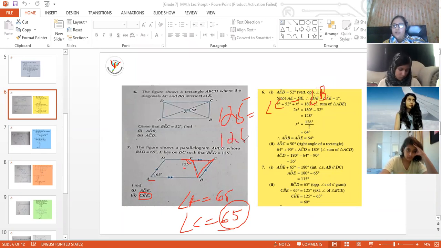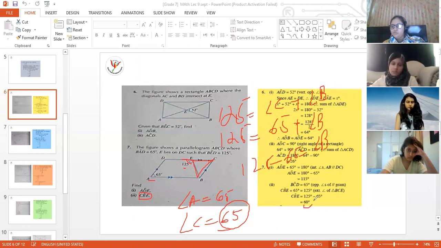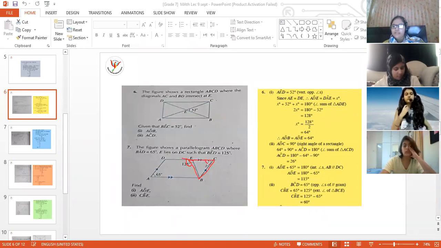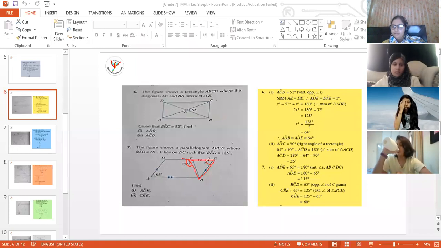Then 125 is equal to, what is angle C? 65 degrees. Angle B is unknown. So 125 minus 65 is equal to angle B, and angle B is equal to 60 degrees. Is this clear to everyone? That is how I have solved this part by using triangle BCE. E was the exterior angle, C was the opposite angle 65 degrees plus B is equal to 125 degrees, and you have solved the value of B.